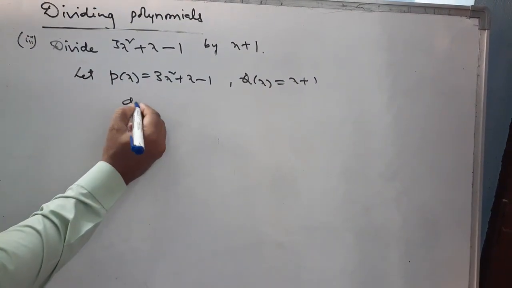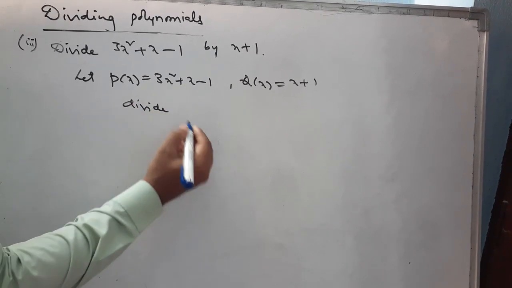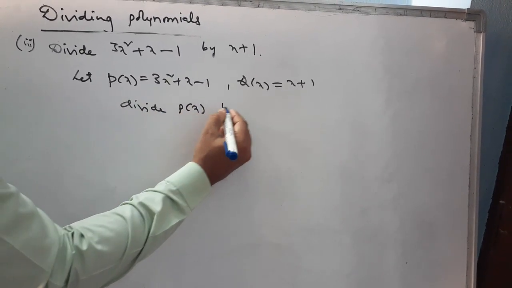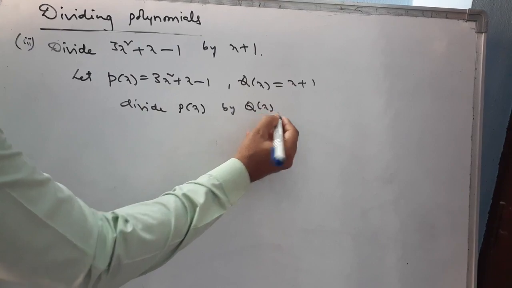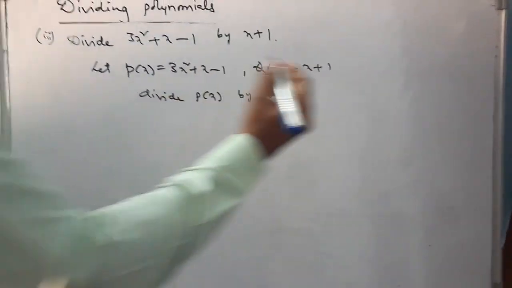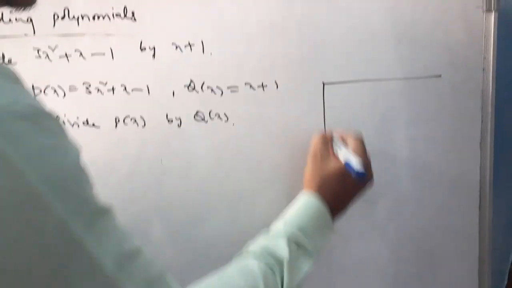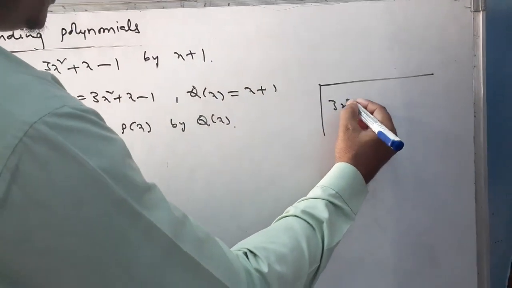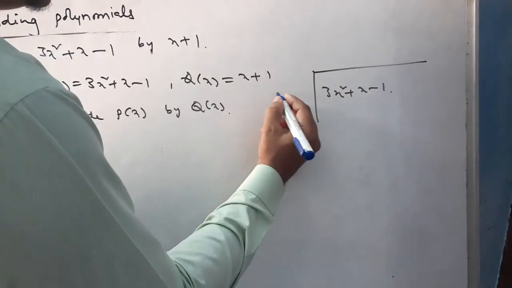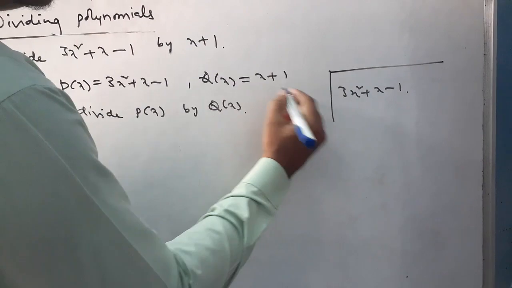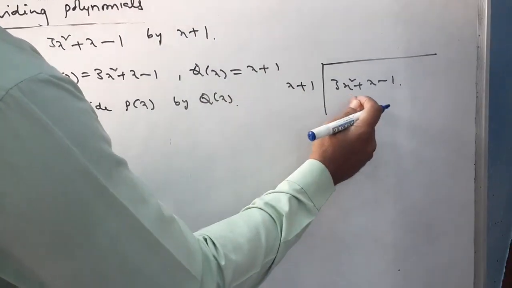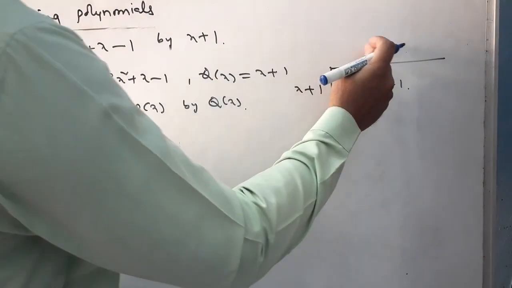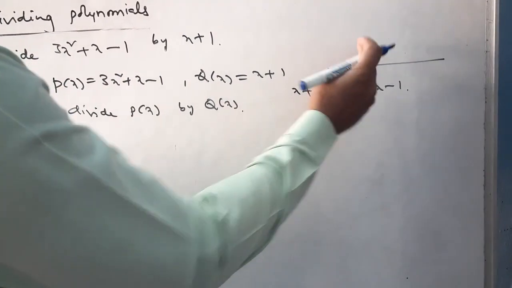Now divide p of x by q of x. We write 3x square plus x minus 1 as the dividend, and the divisor x plus 1, writing the coefficients.